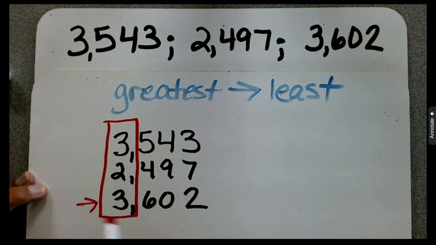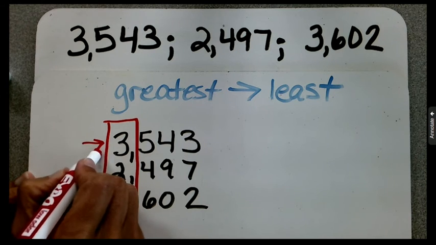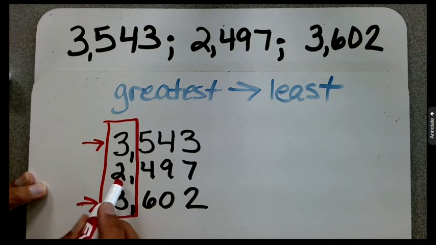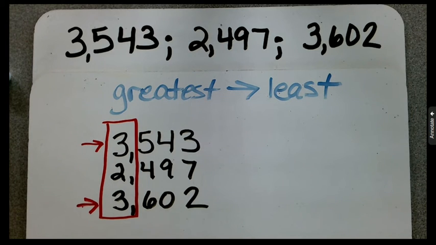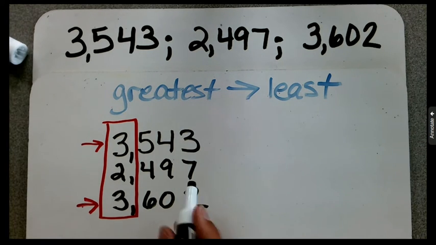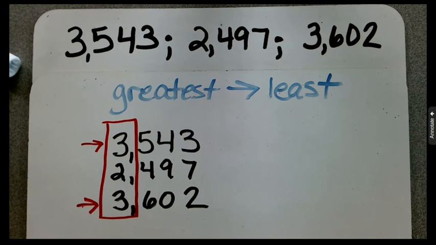We have 3,543 and 3,602, because that's a 3, and we have another 3. 2 is obviously smaller than those, so we know right away the number that is least is going to be the 2,497. We know that right away.